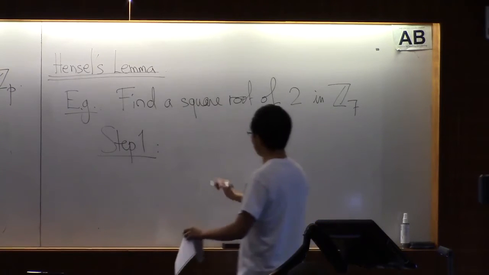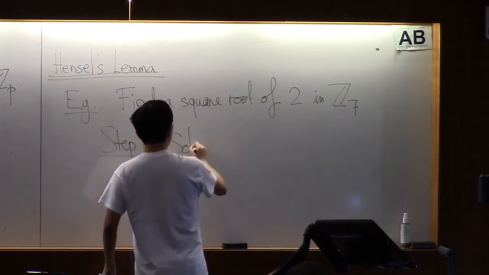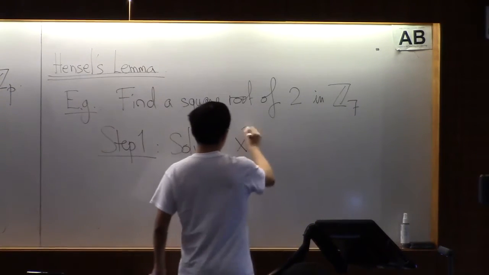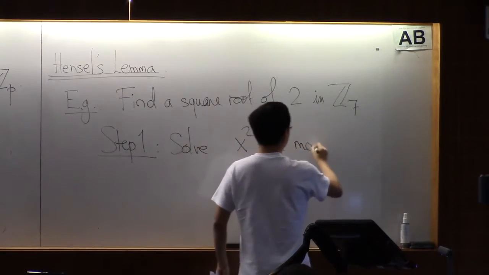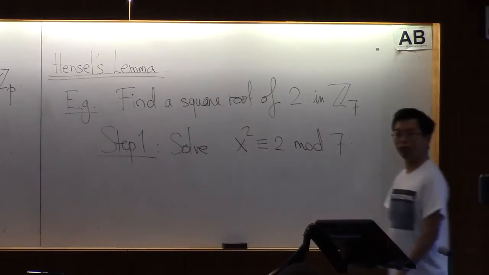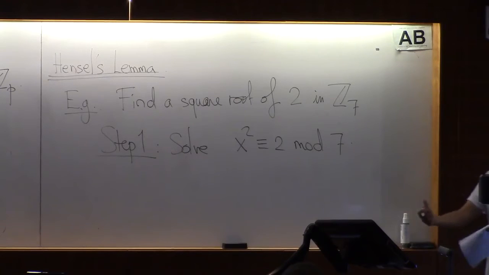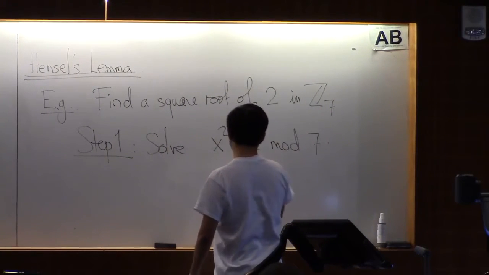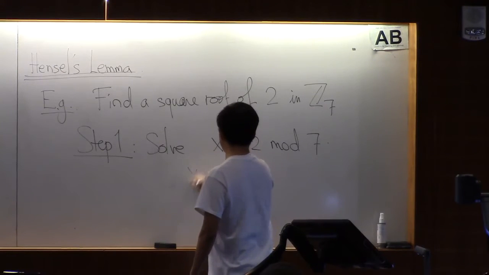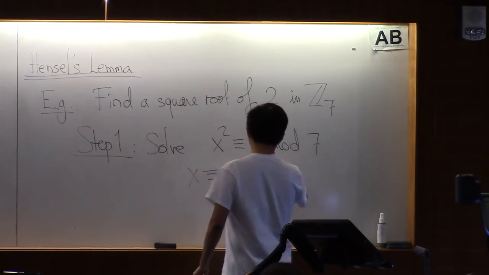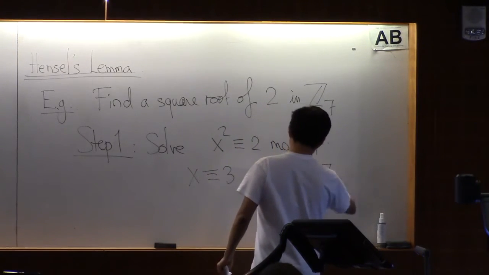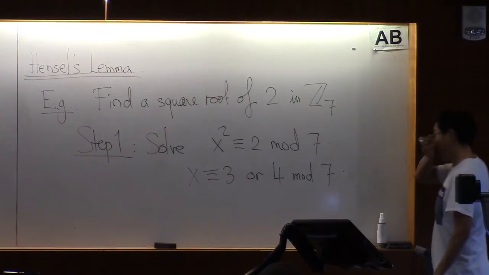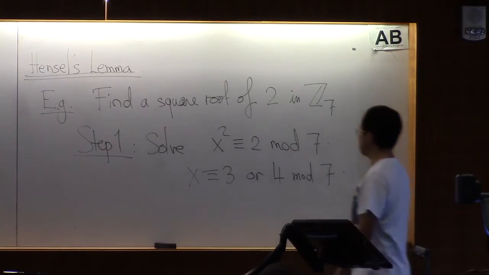So let's do this. Step 1: we want to solve x squared congruent to 2 modulo 7. We do it mod 7, and the next one we're going to do mod 49. So solve this, and it's clear that x must be congruent to 3 or 4 mod 7. At this point, I need to make a choice.